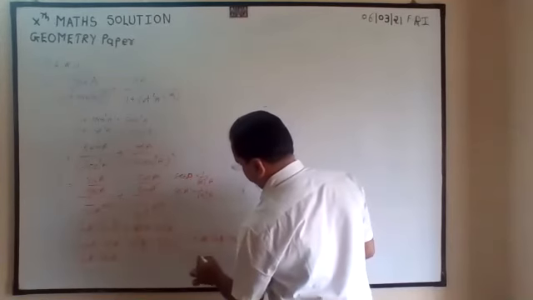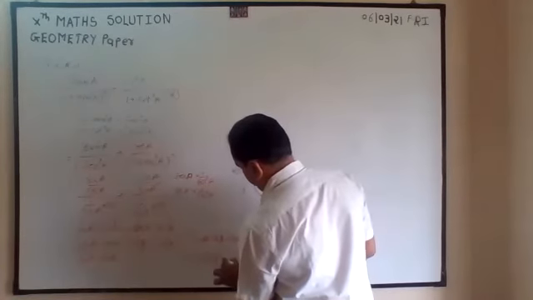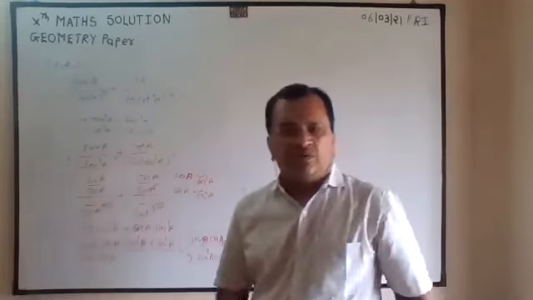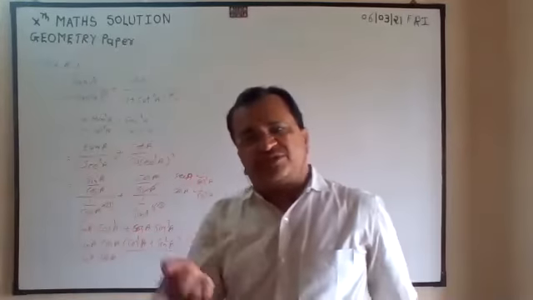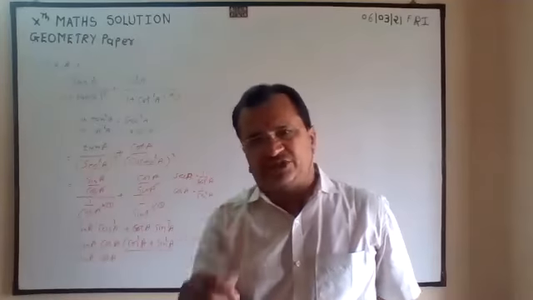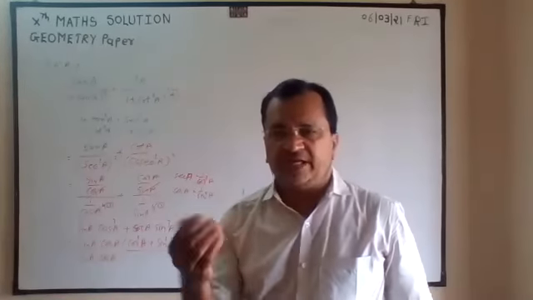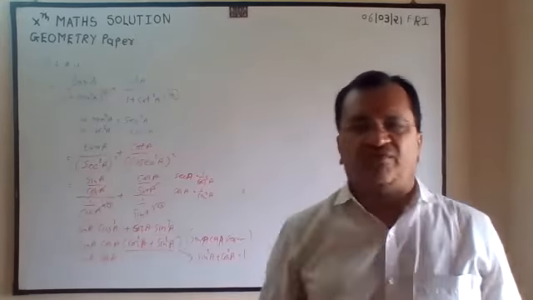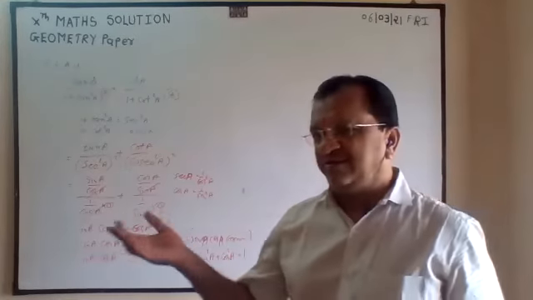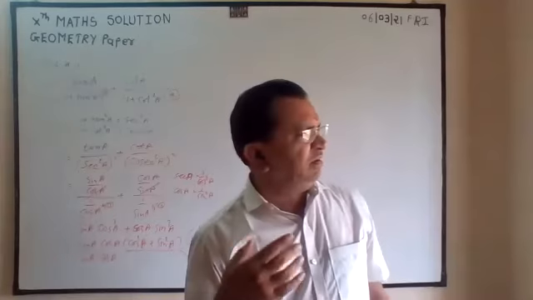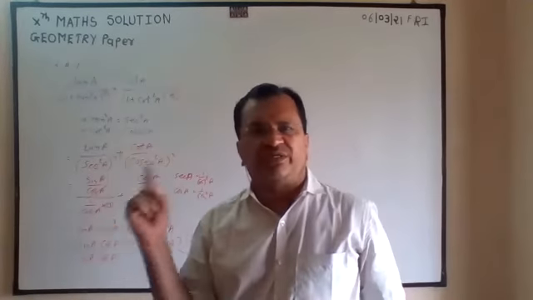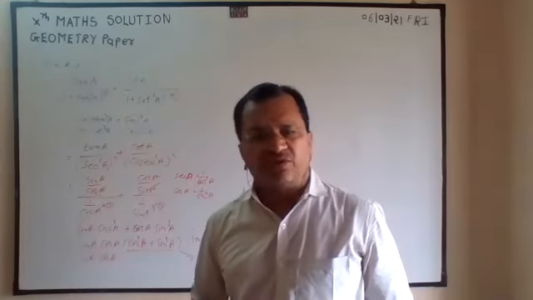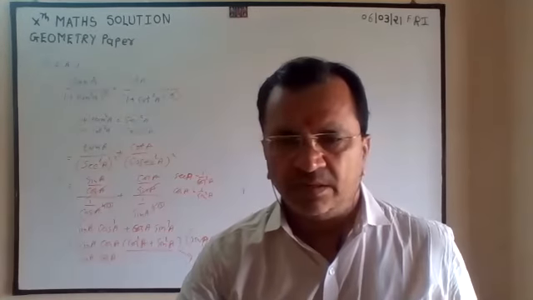Then here I have substituted sin square a plus cos square a is equal to 1. So every time you substitute in a trigonometrical ratio, you have to mention which conversion you got by substitution of what. Basically there are formulas, main 3 identities: sin square plus cos square is equal to 1, 1 plus tan square is equal to sec square, 1 plus cot square is equal to cosec square.